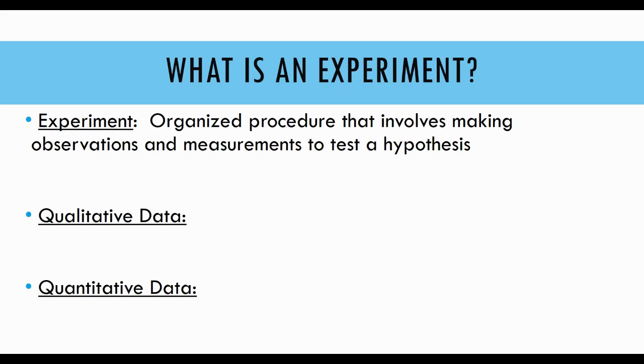Qualitative data is going to be descriptive. So this is data that you get using your 5 senses is probably the best way to describe it. So some things will be like, how does it smell?